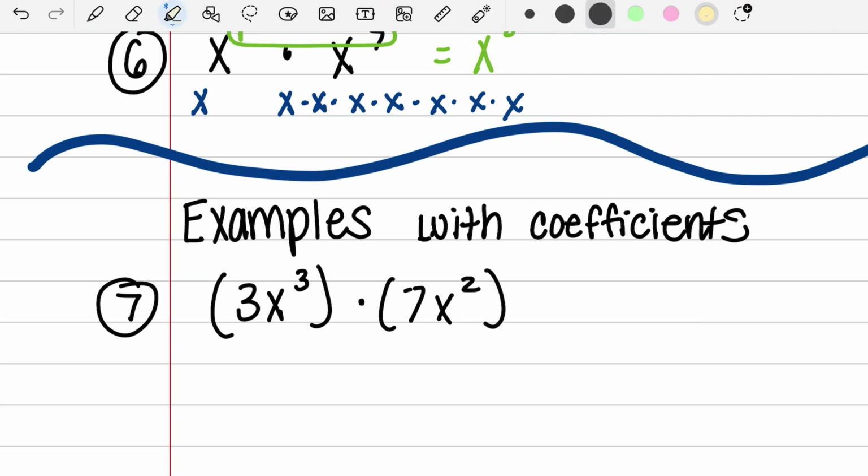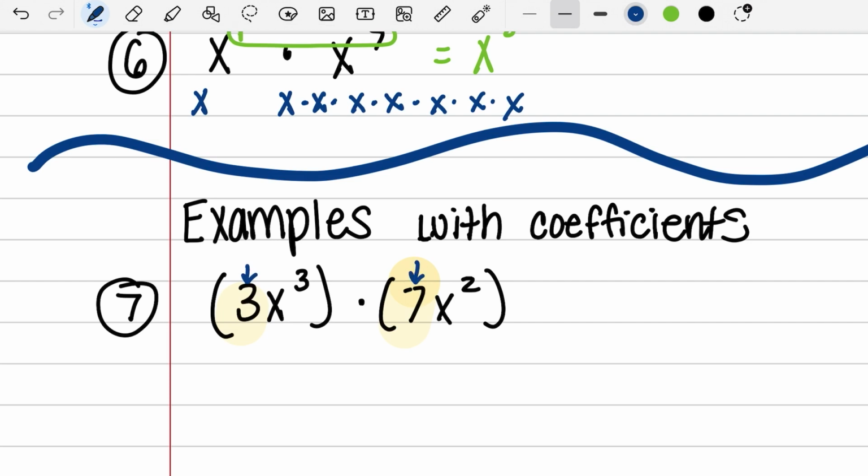With the coefficients, with those big numbers in the front, you are just going to multiply them the same way you always have done with regular numbers. So again, this 3 and this 7, multiply it.